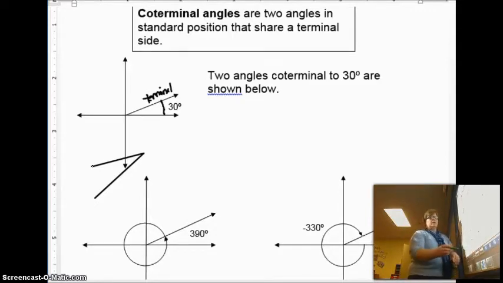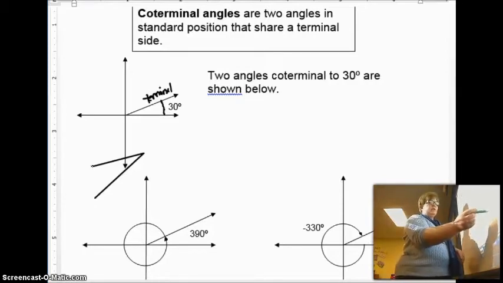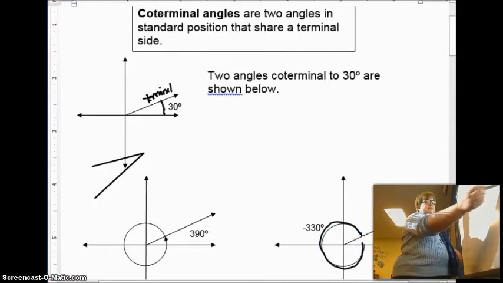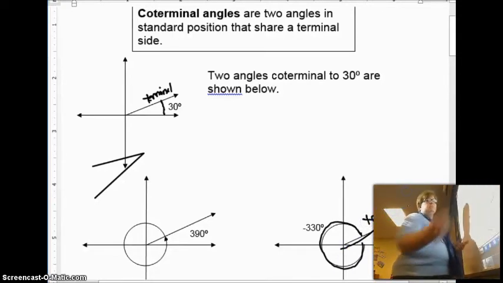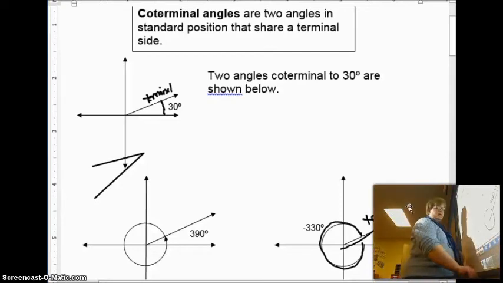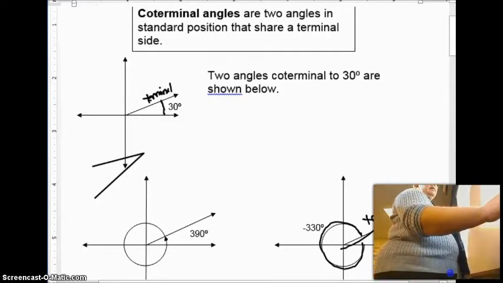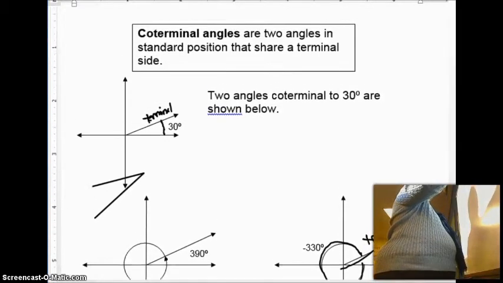So that's what we're showing here. And negative 330 degrees, we started at the x-axis and went around. But they all have the same terminal side. So that's why they're called coterminal.